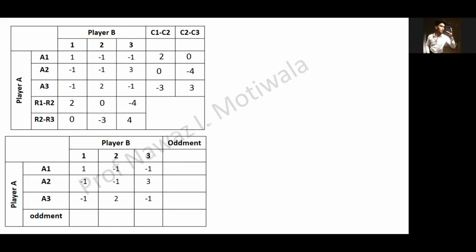So after this, 0 into 3 will be 0, minus 3 into -4 we get -12. So the answer will be 12. For the second row, 0 into 3 will be 0, minus 3 into 0 will be 0. So the answer will be 6. For the third row, 2 into -4 will be -8, and 0 minus.